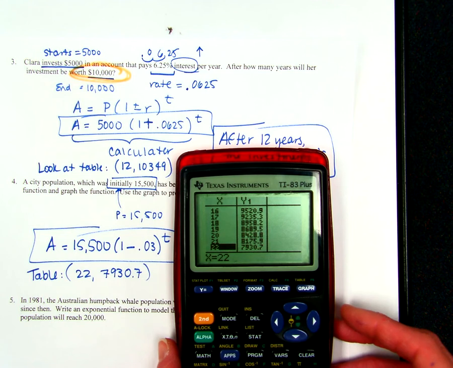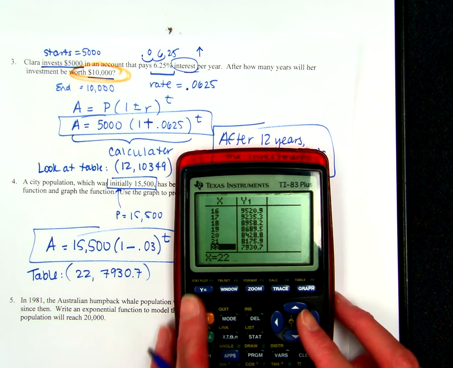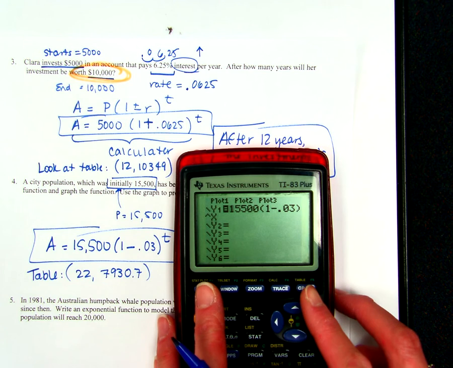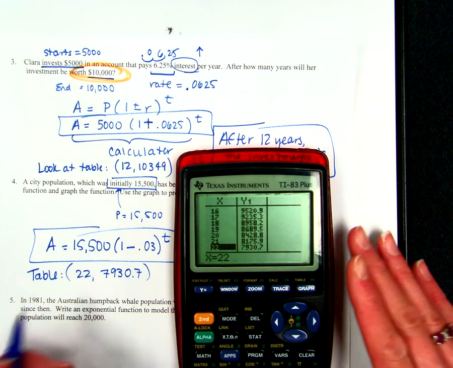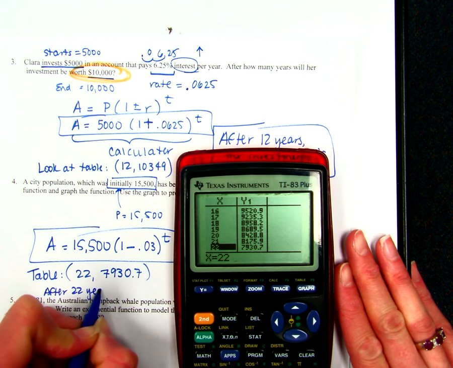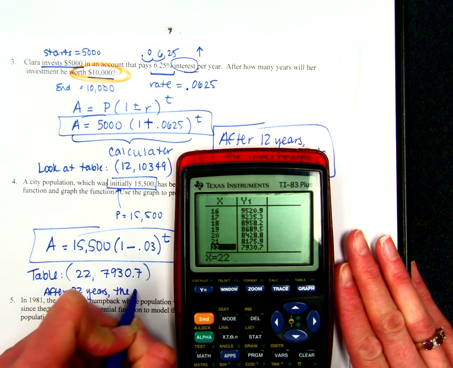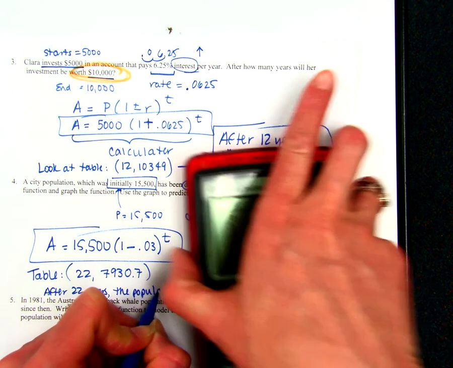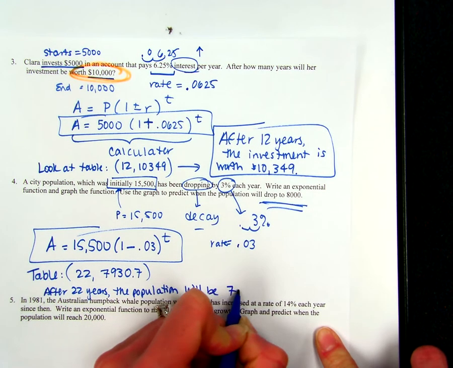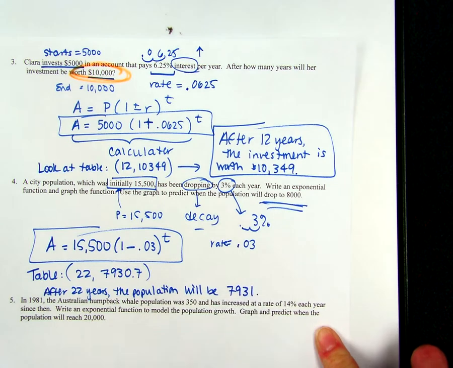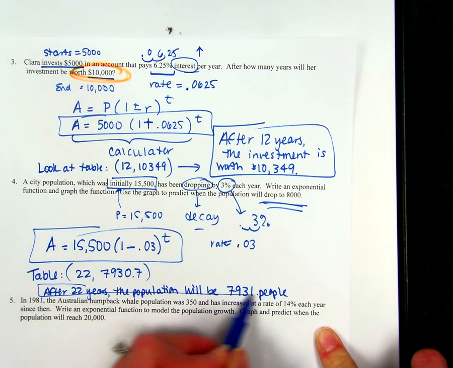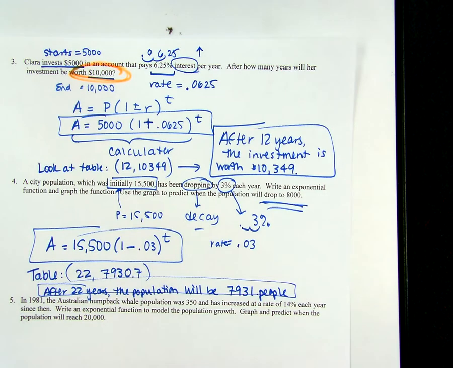So this tells me, all right, after 22 years, the population will be 7,931 people. Now notice that I didn't say 0.7 because you can't really have 0.7 people.